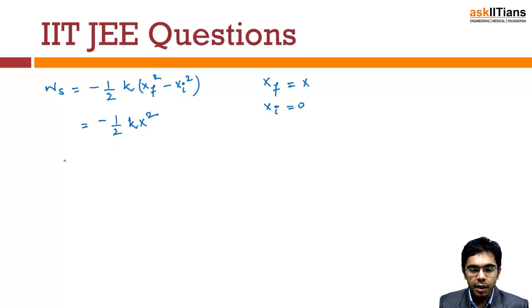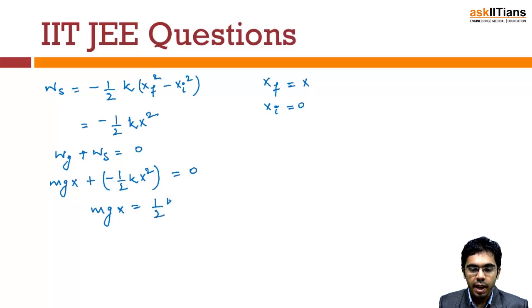So if we write it in the equation, the work done by gravity plus the work done by the spring is equal to 0. Therefore we get mgx plus minus half kx square equal to 0. So we can write this as mgx equals half kx square.